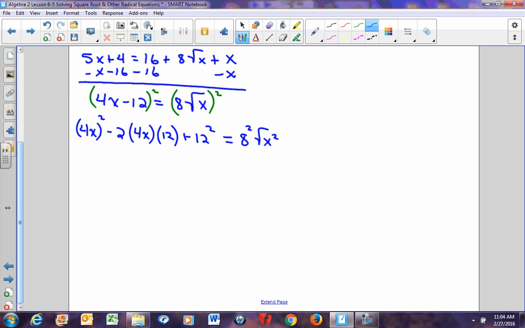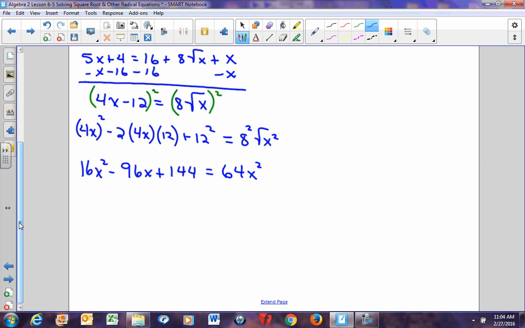Okay, so to simplify this, you're going to get 16x squared. 4 times 2 is 8. 8 times 12 is 96. So negative 96x plus 144. 8 squared is 64. So we're going to get 64x here.